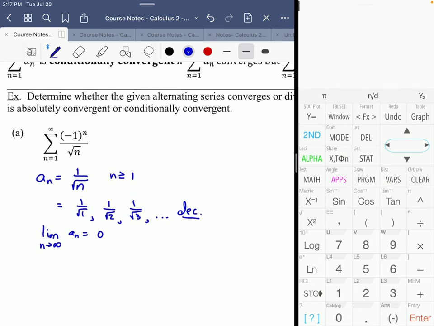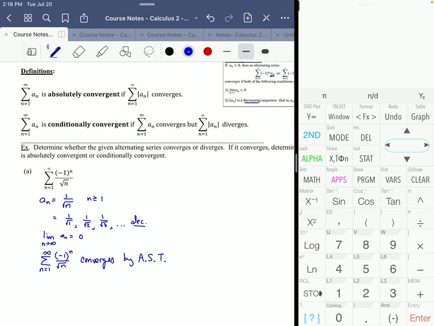Either way, it is an alternating series because it's negative 1 to the nth power. So the sum from n equals 1 to infinity of negative 1 to the nth over the root of n converges by the alternating series test.